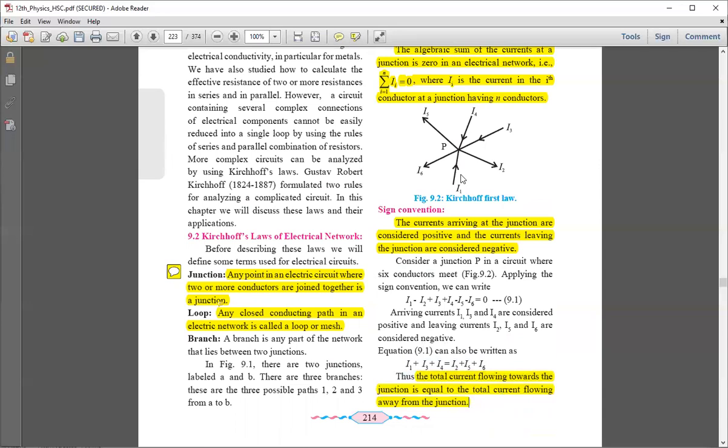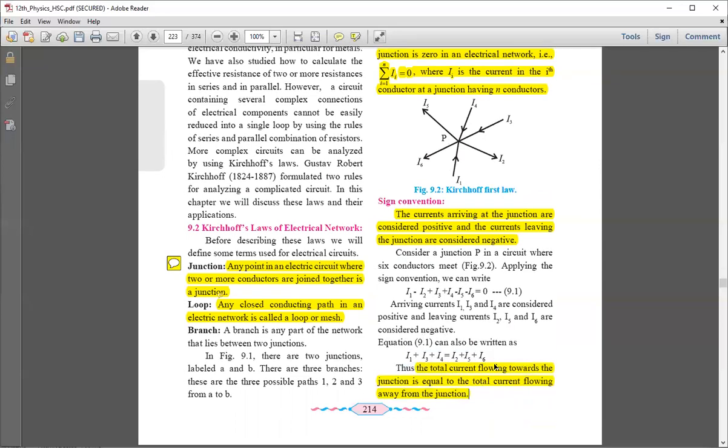Here you can see that the current flowing toward the junction is equal to the current flowing away from the junction. As we know, current is the rate of flow of charge, so the charge flowing toward a junction is equal to the charge flowing away from the junction. So this law follows the law of conservation of charge.